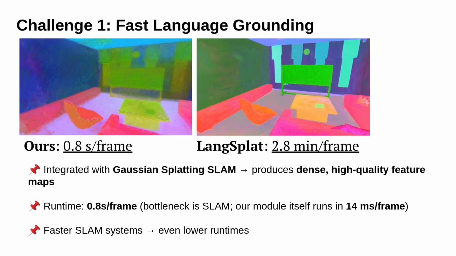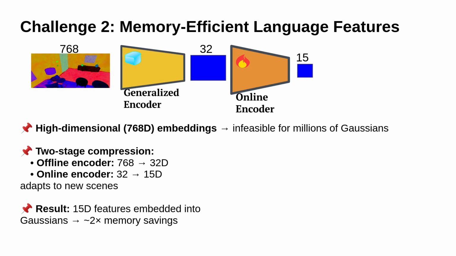The second challenge we face is memory efficiency. Language embeddings are very high dimensional, around 768D. Embedding these into millions of Gaussians is infeasible. So we designed a two-stage compression technique. First is the offline stage, which compresses 768 to 32D and is trained offline.